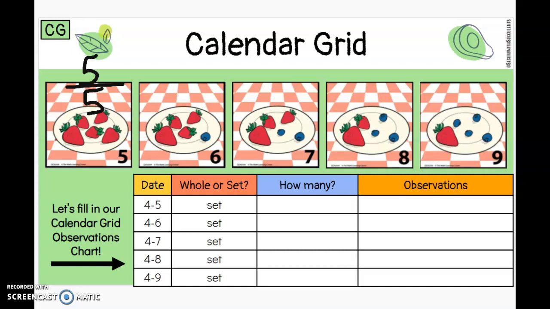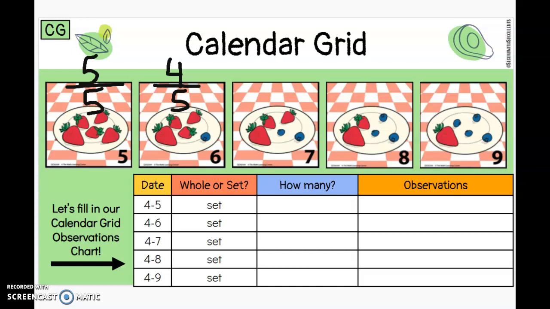Now in our next picture, do we still have 5 pieces of fruit? Thumbs up or thumbs down? We sure do. So I'll still keep the number 5 on the bottom to show how many pieces of fruit we have. Now how many are strawberries? Just 4. We have 4 pieces of fruit that are strawberries and 1 blueberry.